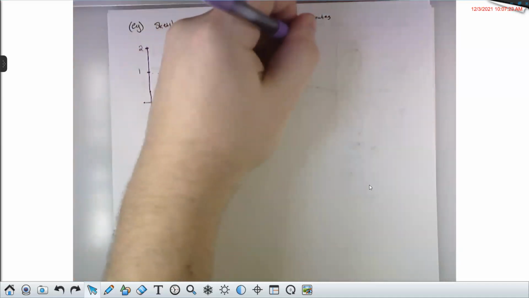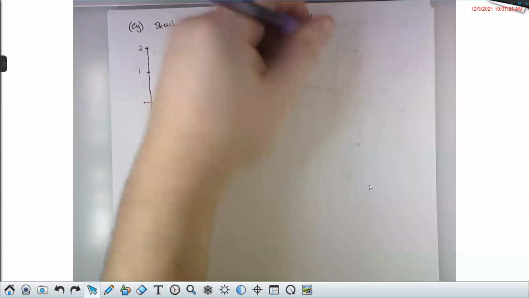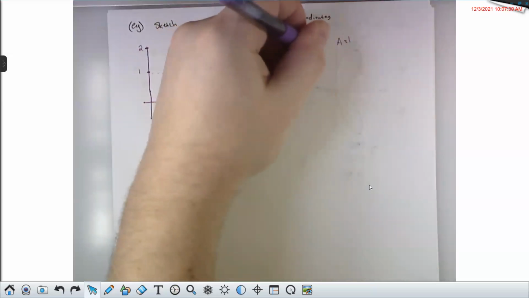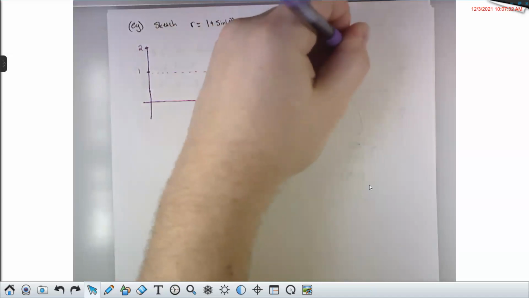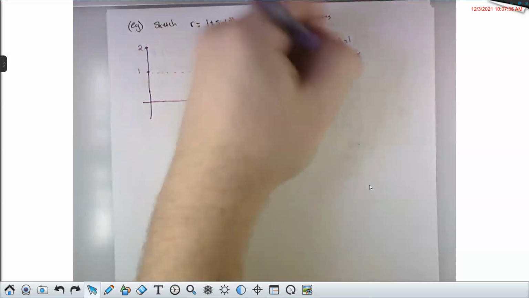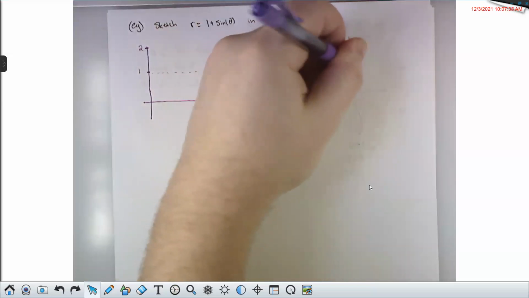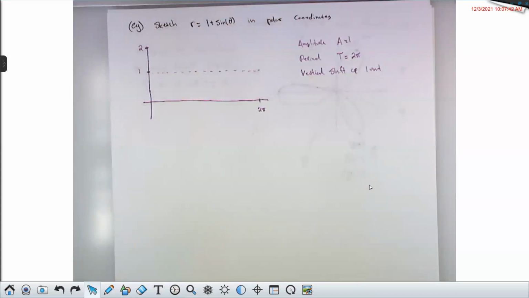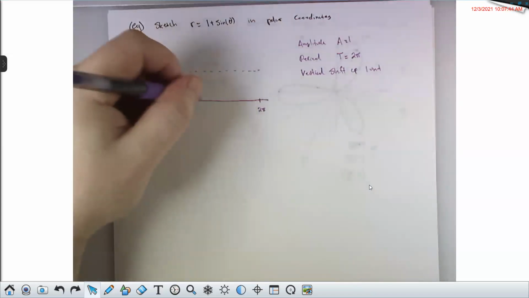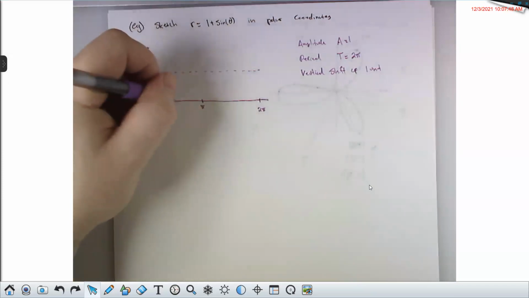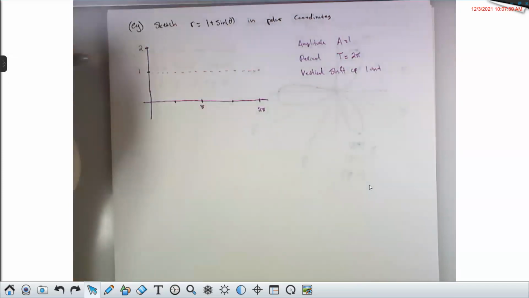The amplitude is 1, the period is 2 pi. We haven't modified this, but there's a vertical shift up 1 unit. So this is the regular sine wave, just bumped up 1 unit. I'll mark off a full period, a half period, a quarter period, and a 3/4 period.